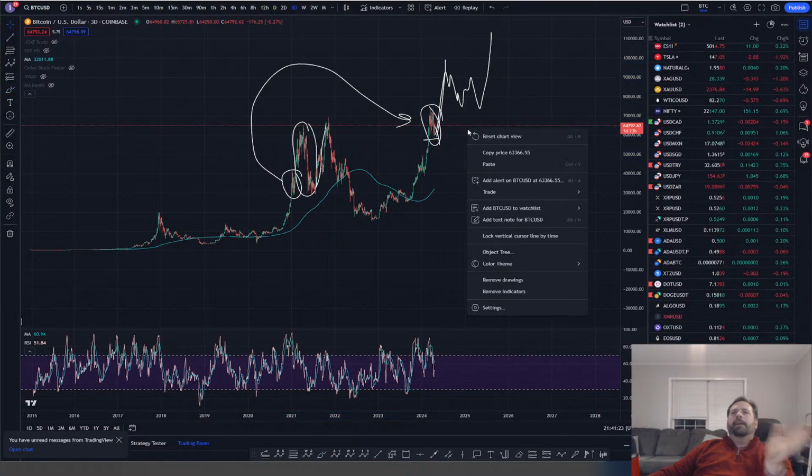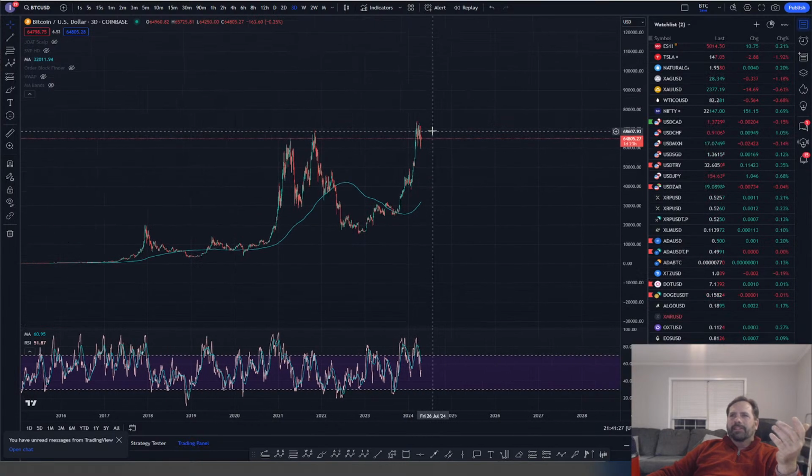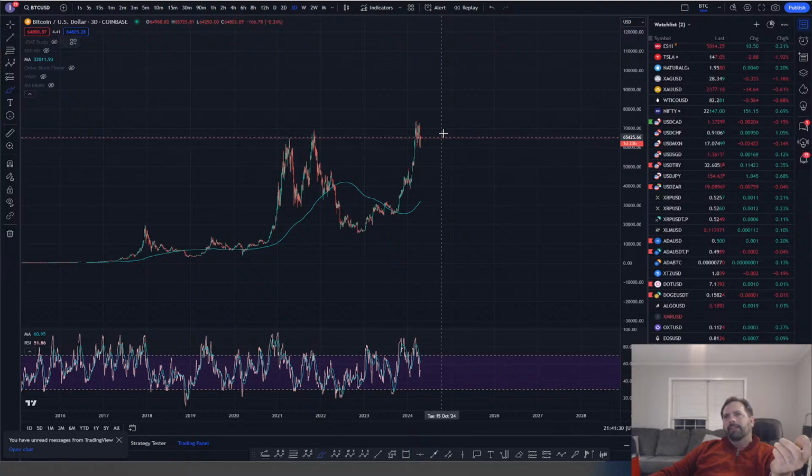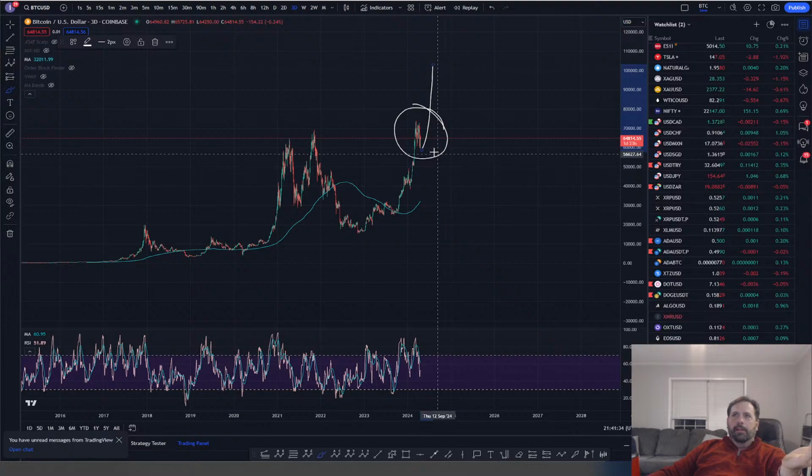Again, we'll talk about targets. But again, same scenario. That just says that this is a corrective wave. This is a correction that we're going to see more highs. Now, whether this comes down deep or shallow, I can't tell you. Whether it's simple like now or it gets complex, I can't tell you.